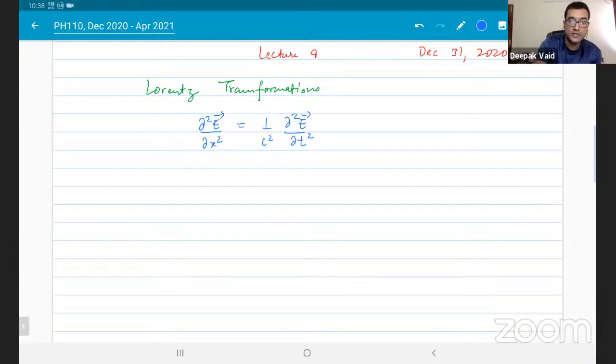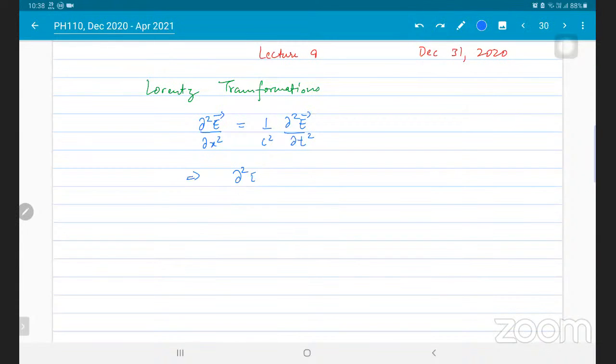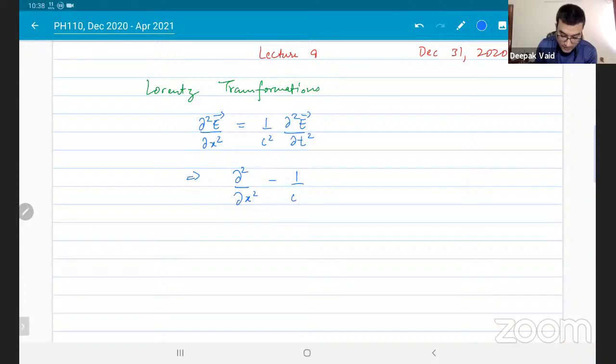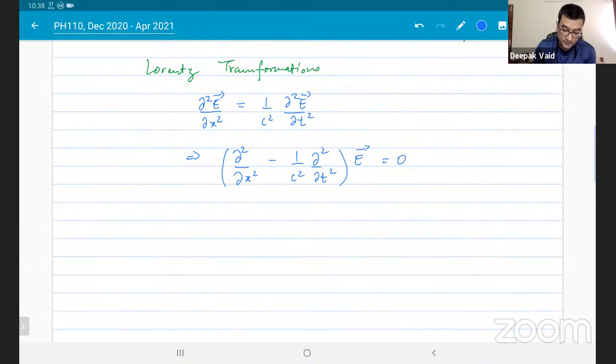Now, to do that, first I will rewrite this expression in a slightly different way. I'll take both the terms over to one side, and I will write this expression in this way. What is the purpose of doing this?